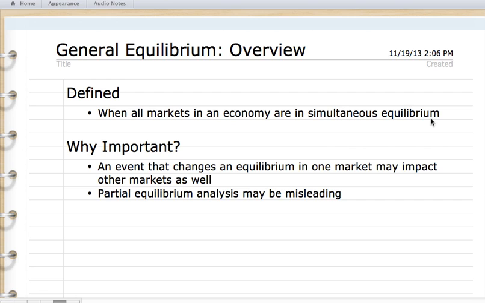So that's why this is important: something that changes in the economy and impacts one sector might have spillover effects on other sectors of the economy. So even though partial equilibrium analysis is important, it's important to understand that market mechanism and the movement to an equilibrium. Partial equilibrium analysis does not give a complete picture. So that's why all of this is important.